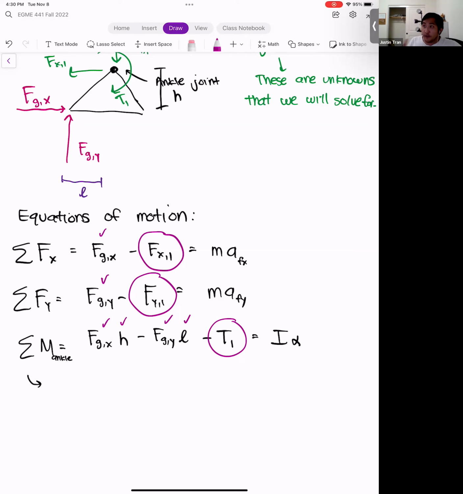And in fact, we're going to make a reasonable assumption here. When you're doing a squat, and you're kind of squatting down, your foot's not really doing anything. Your foot's just staying planted on the ground. And so for this part, we're going to assume that our foot is stationary.